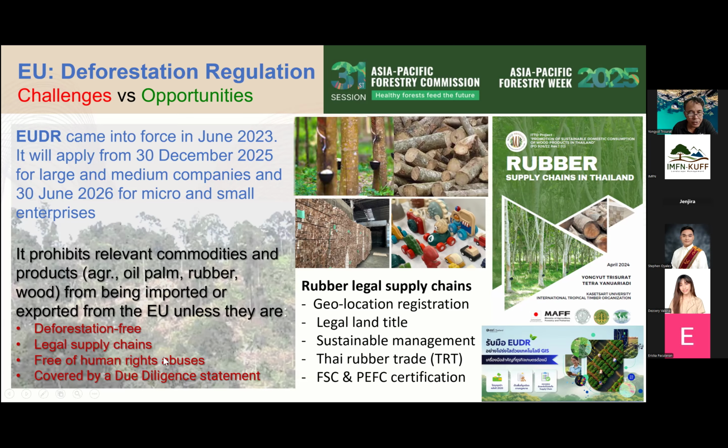And it is covered by the regent statement. So it means that you have the paper to prove it, and then the buyer can trace back to the origins of your product. In Indonesia and in Vietnam, I think the process and the implementation are quite similar.